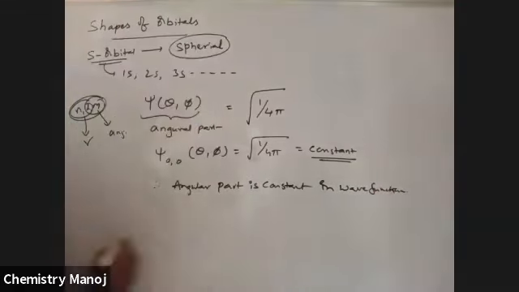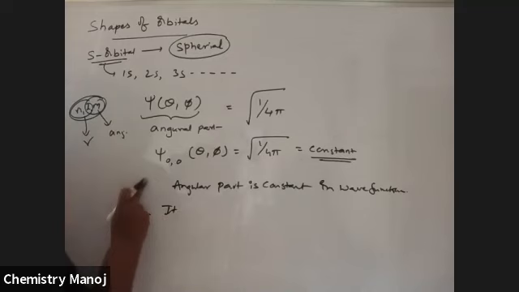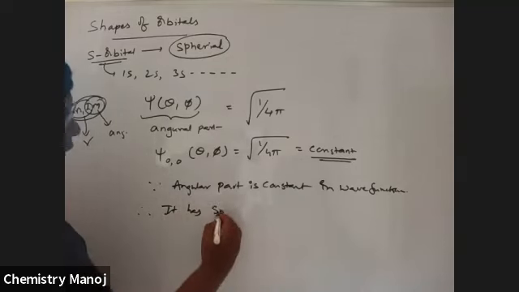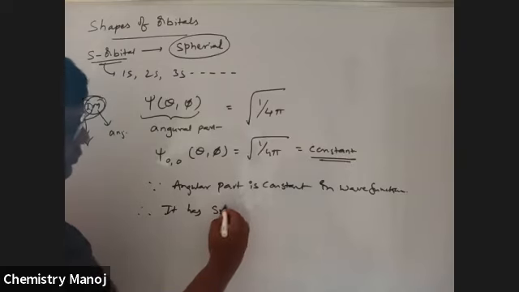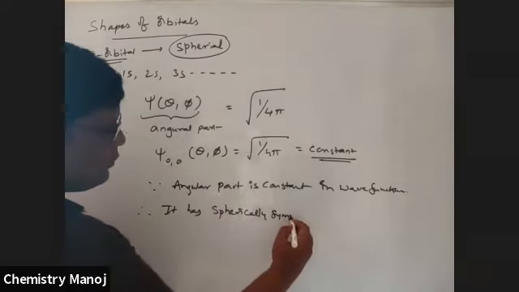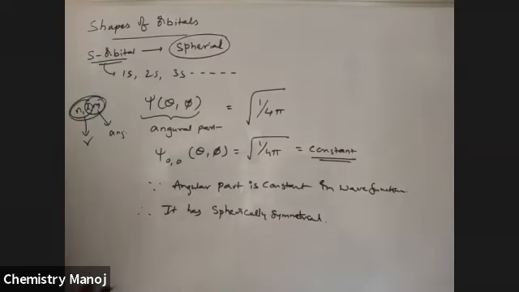In the wave function, the angular part is constant for the S orbital. Therefore, it has a spherically symmetrical shape, spherically symmetrical about its own nucleus.